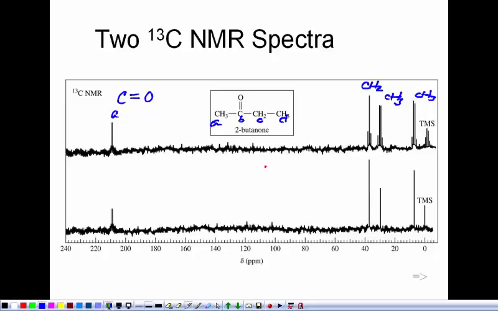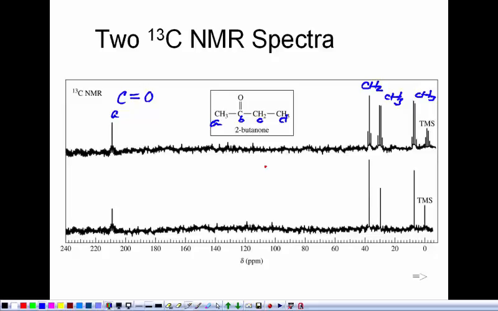And then, if you now look at a chart, there are charts where you can determine what the chemical shift of the molecule is and what kind of carbon it is. For instance, carbonyls show up anywhere from about 160 to 220. Double bonded carbons, whether they're in an aromatic ring or just alkenes, show up between about 120 and 140. Carbons that are attached to oxygens are in the 60 to 70 to 80 region.